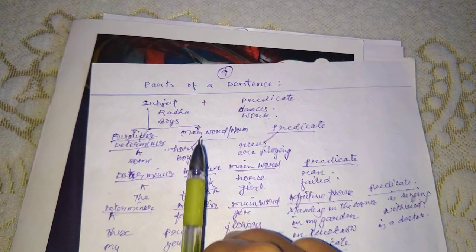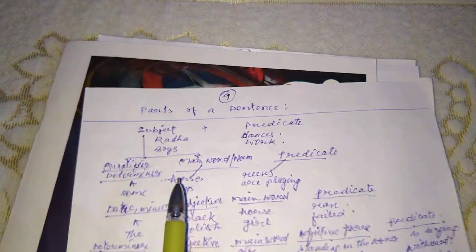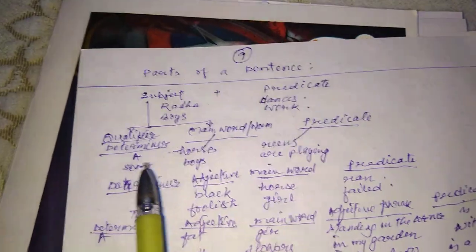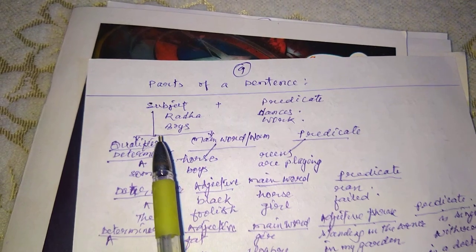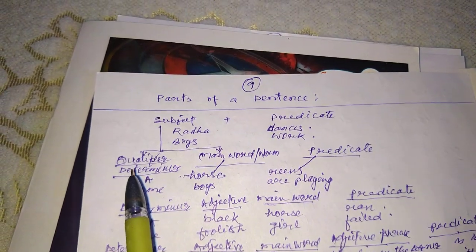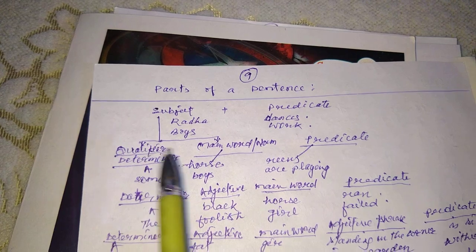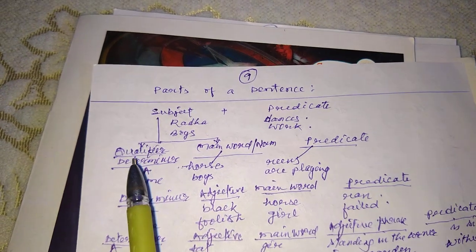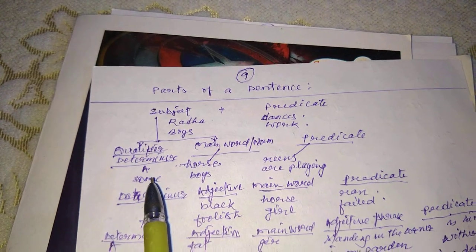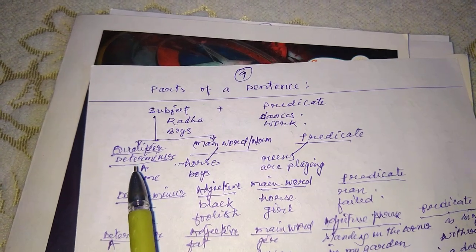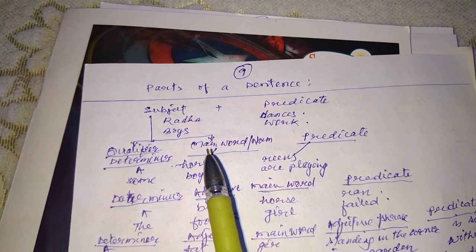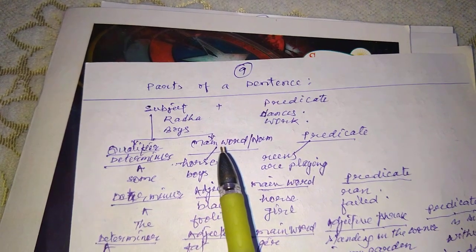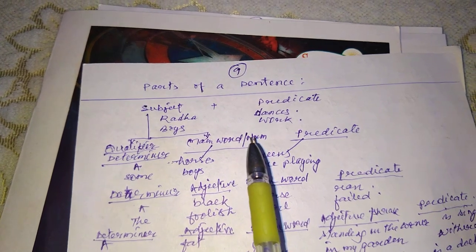If we talk about more details, we will go ahead like this. Subject can further be divided into two parts. First, the qualifier or the determiner, and the other part is the main word, which could be a noun.